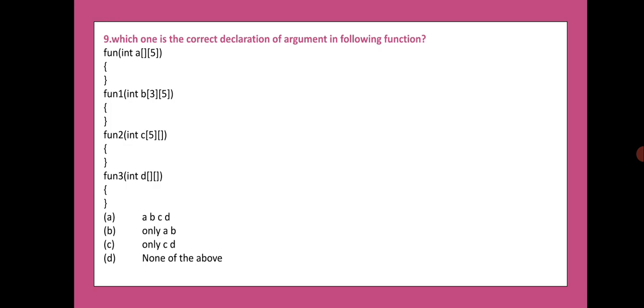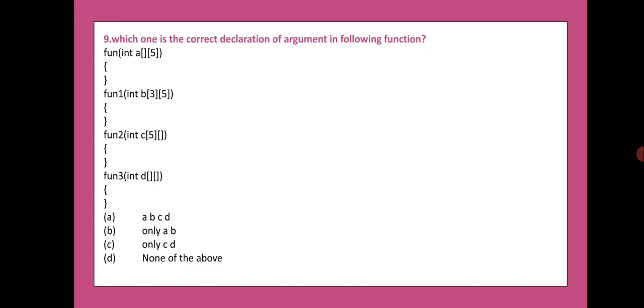Correct. So it will consider only A with no size, dimension A 6, and in fun1 we have integer B with both dimensions declared.